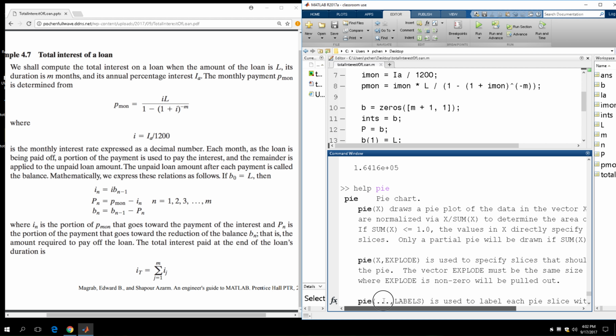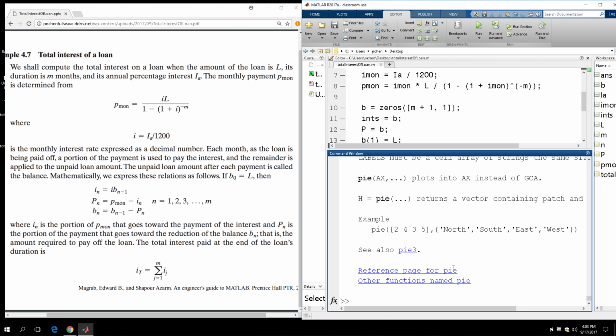The values in x are normalized via x divided by sum(x). So basically, if you don't do any configuration, it takes a vector, and sum(x) gives you the total amount inside that vector, and for each element it draws the proportion of it. So let's just give it a try.